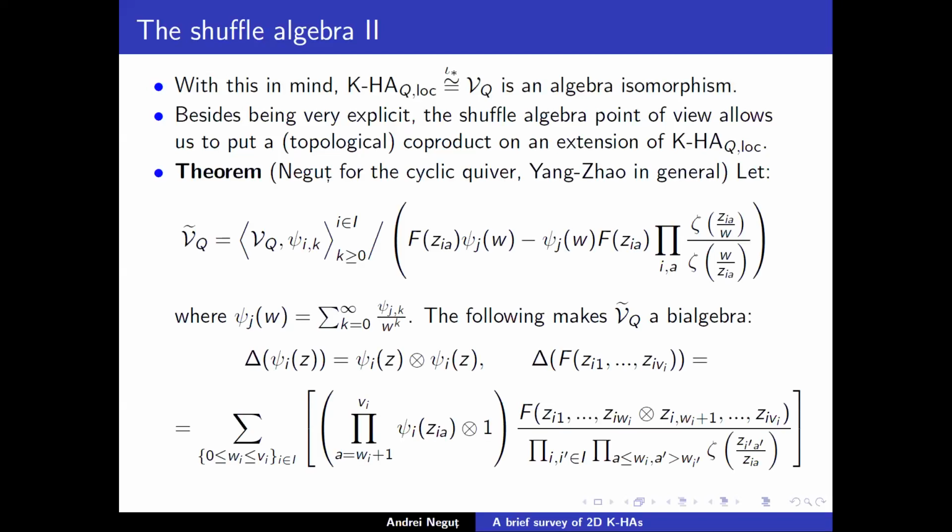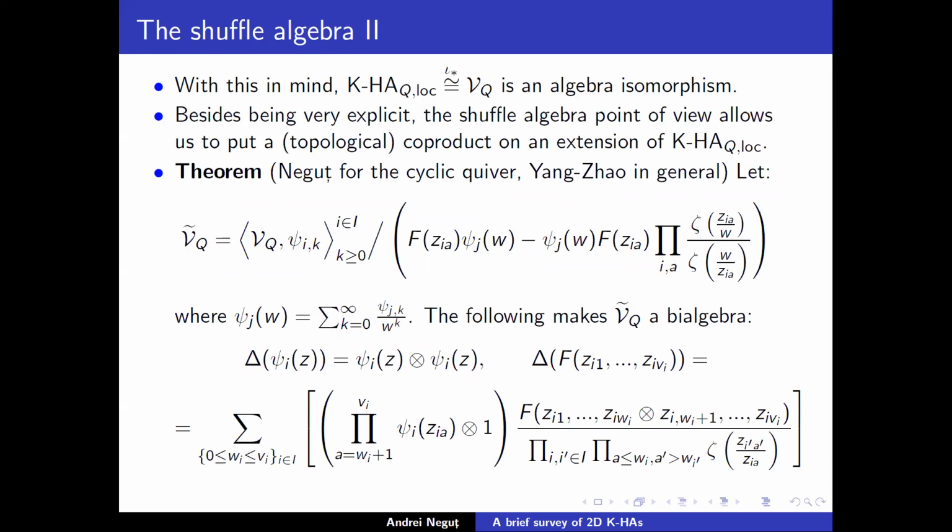So this is the theorem of the construction of coproducts. This is a definition I gave for the cyclic quiver, and it was generalized by Yang and Zhao afterwards. They actually were much more interested in the connections of these constructions with CoHAs and K-HAs at the moment.